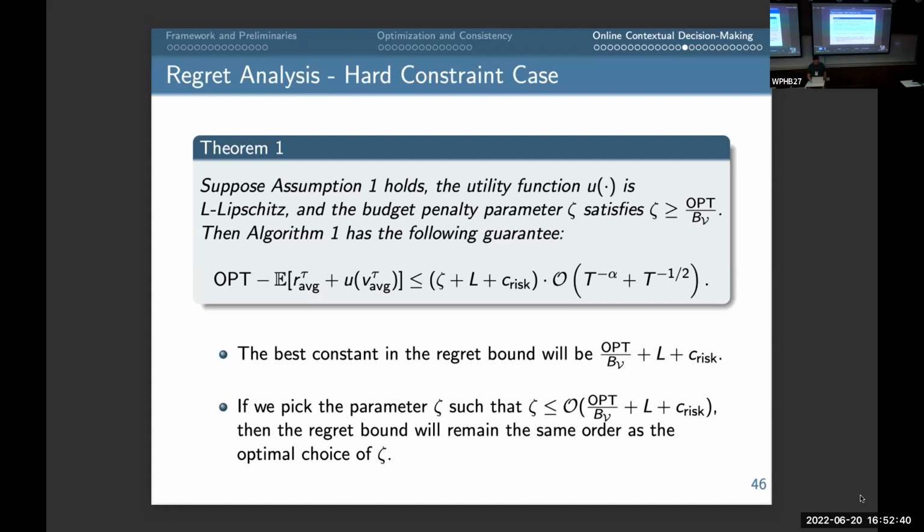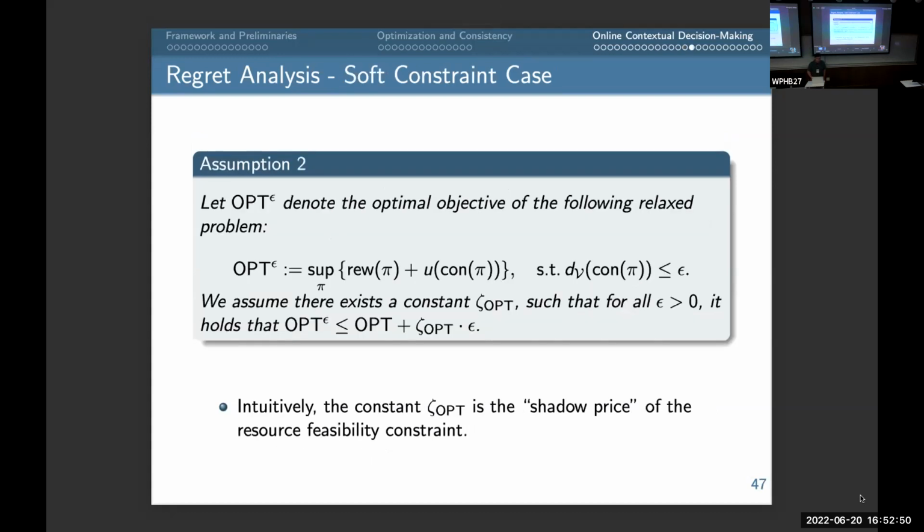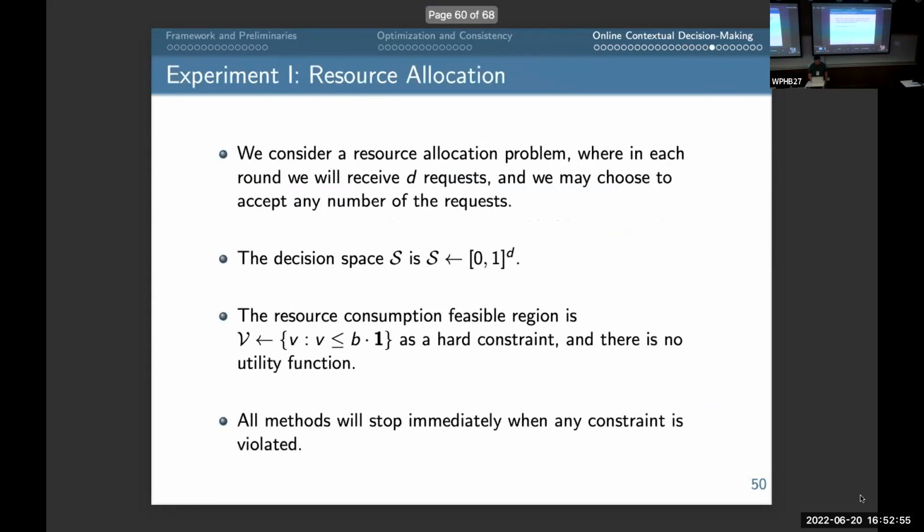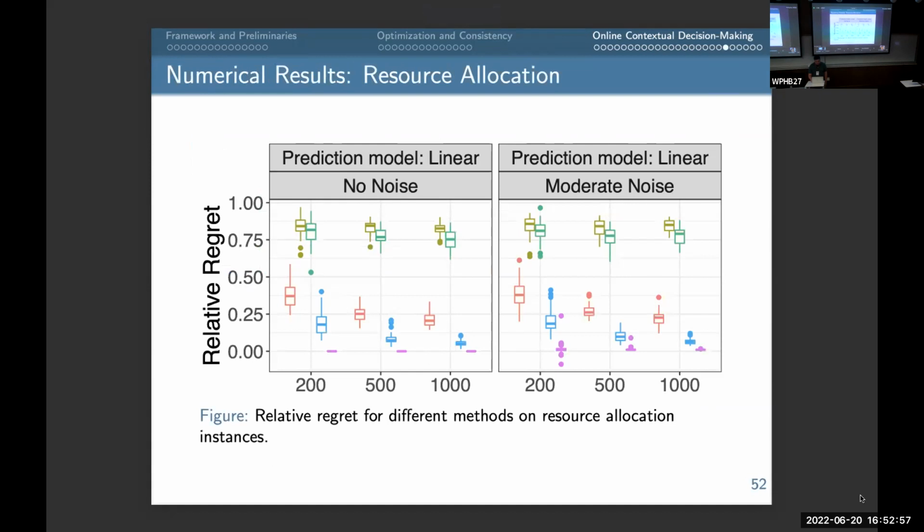The rate is T to the 1/2. So this is really showing that the finite time behavior is better. Yeah, exactly. Accounting for the structure of the optimization is better in finite time, with limited samples, just like in the standard setting. Thank you.